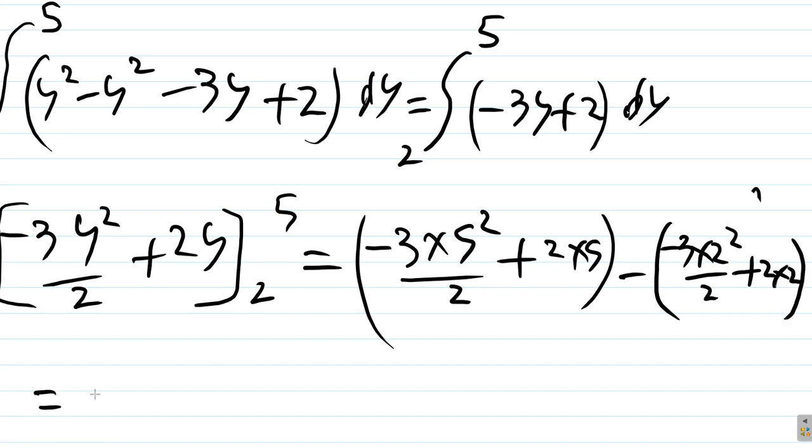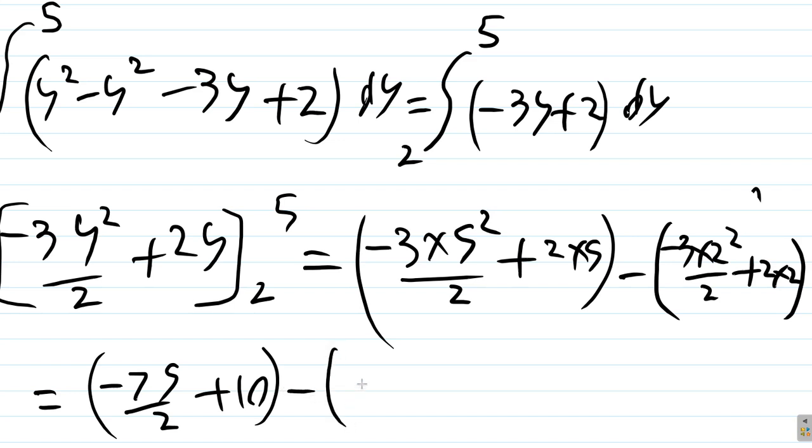So what we have then is negative 75 over 2 plus 10, minus 2 2s are 4, but 4 over 2 is 2. So it's negative 3 by 2 is negative 6 plus 2 2s are 4. Okay.